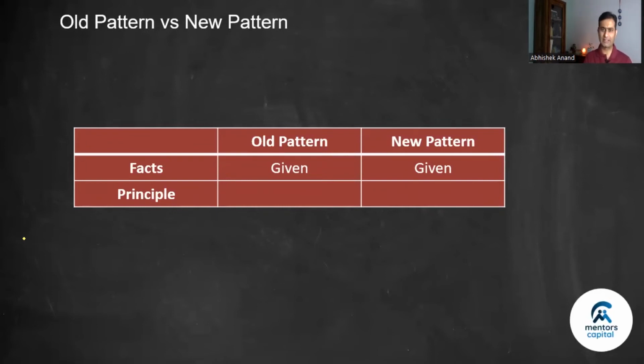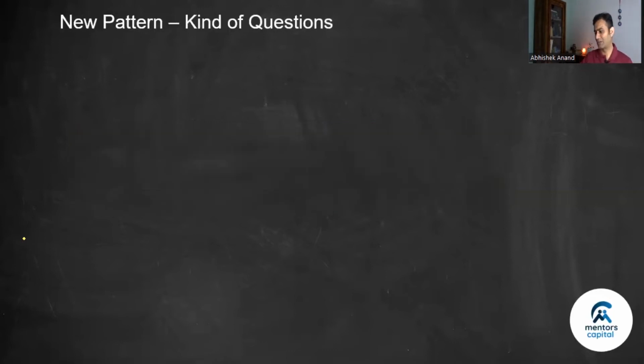They give you a case scenario, and then they ask you a question on that case scenario. So that is given in both the cases, be it old pattern or new pattern. The principle in the old pattern was given to us directly. In the new pattern, it is given indirectly. That is the difference.